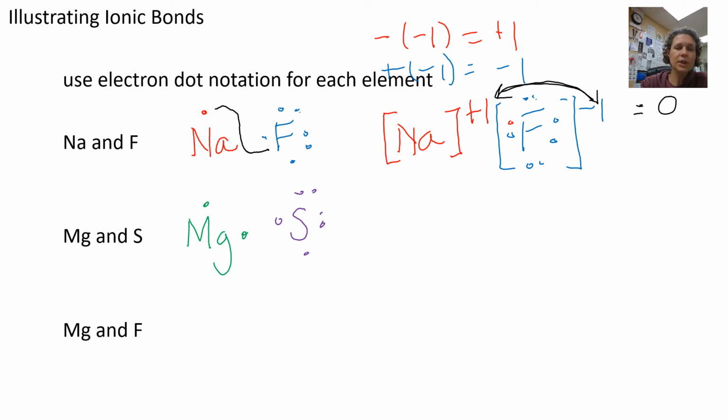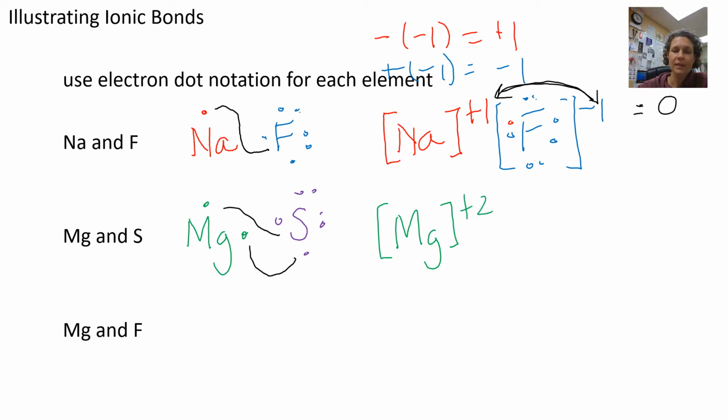So these 2 electrons on magnesium are like, see ya, we're going over here to sulfur. So you have sad little magnesium now, no valence electrons. It's an ion, and if you have lost 2 electrons, minus -2, you get a +2.